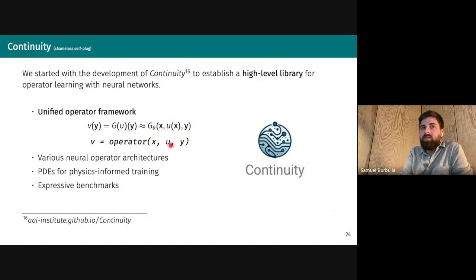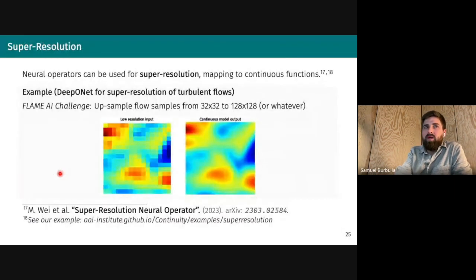For instance, in DeepXDE, the DeepONet only gets u, and other frameworks differ in this way as well. And we would like to implement various neural operator architectures in this. We also want to include PDEs for physics-informed training, and then add expressive benchmarks, because it's important to compare those to see how they perform and which properties they differ in.